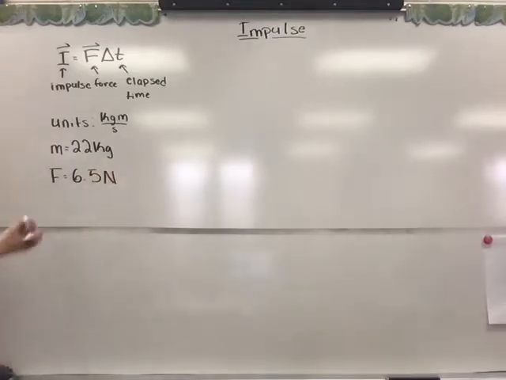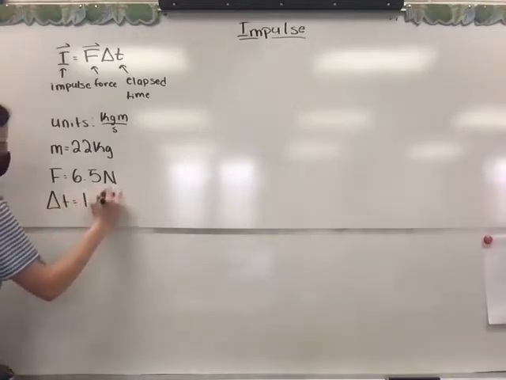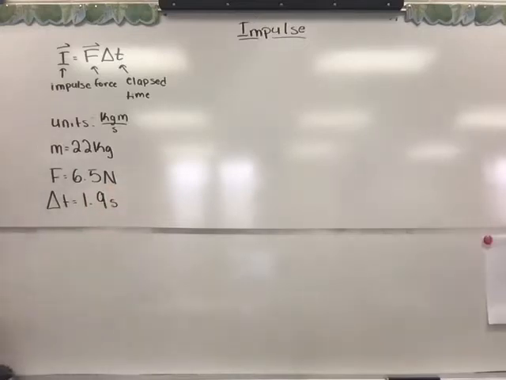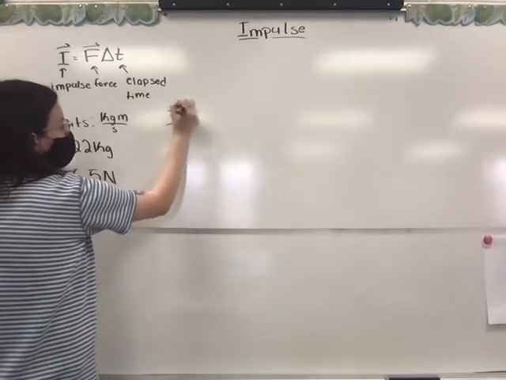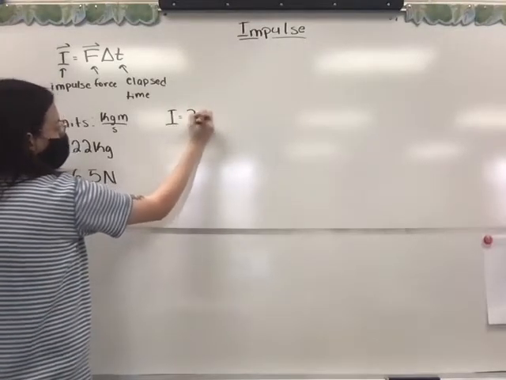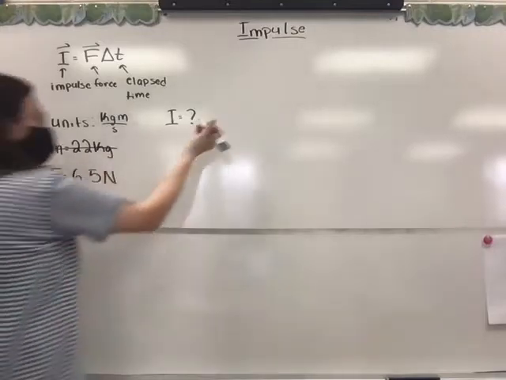If we push it over an elapsed time of 1.9 seconds, we need to know what the impulse is going to be. Now, are we given a piece of information that we don't really need? What is it? Yeah, we end up not needing the mass. We just need this force and this elapsed time.